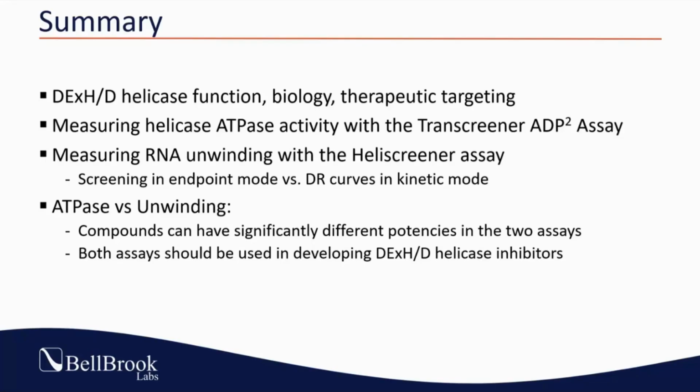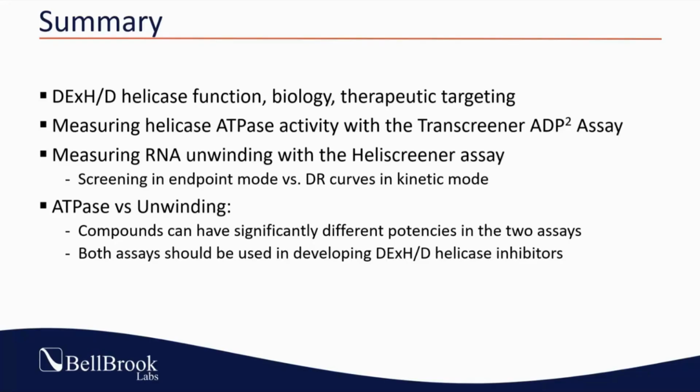And then we'll also look at situations where you might want to make a choice as far as which assay you're going to use, ATPase or unwinding. And some of the messages that I'll be imparting there, that compounds can have significantly different potencies in the two assays, and give what I think is a molecular explanation for that based on the mechanism of these enzymes.